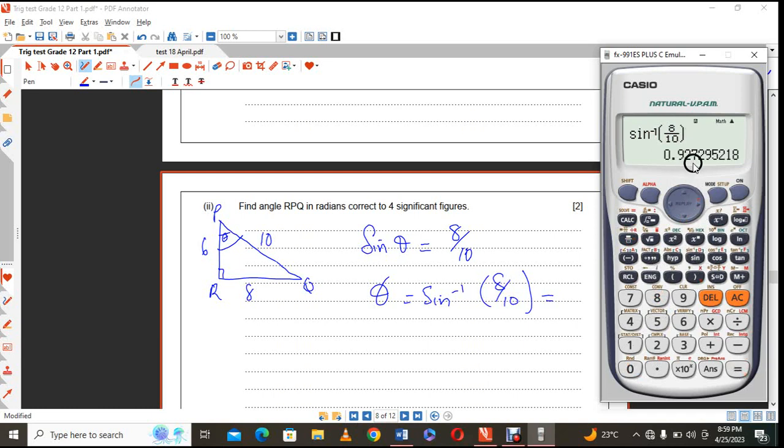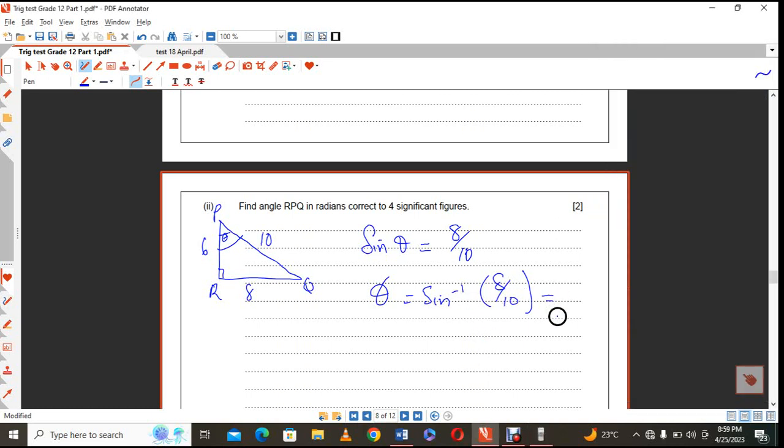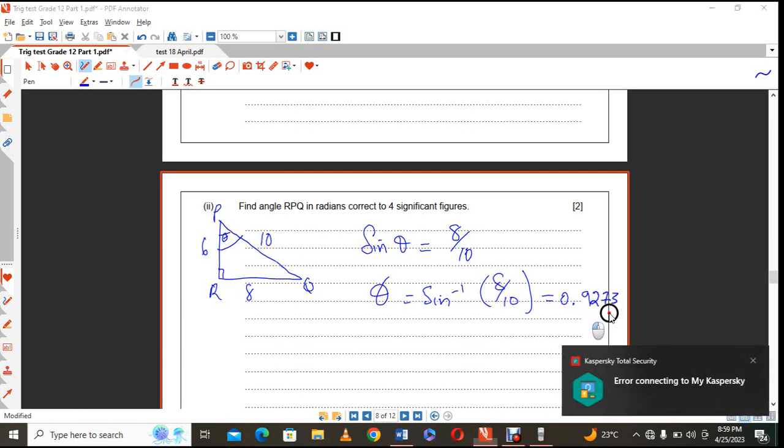And we give that answer that we get, we then give it to 4 significant figures, okay? So our answer there is 0.9273 radians.